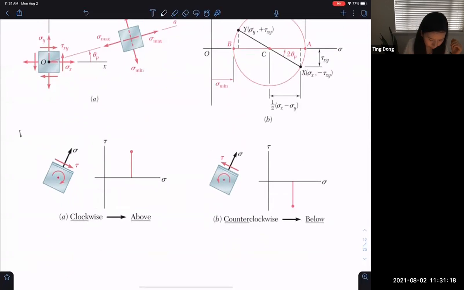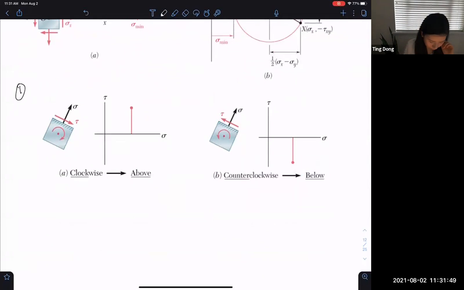The first one is what I talked about in class. Whenever there is a shear stress that is rotating the element clockwise, you put it above the sigma axis. Whenever there is a shear stress that rotates the element counterclockwise, you put it below the sigma axis. So this is a convention to construct the Mohr circle.